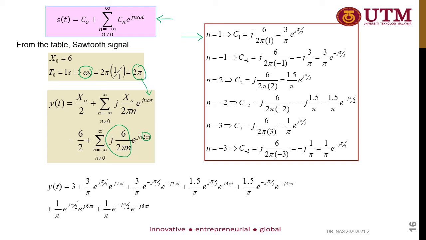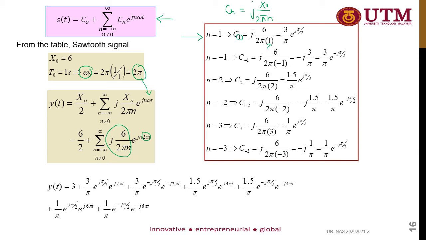Okay, so for n equal to 1, replace in the Cn equation. So Cn equation is Cn equal to j x naught divided by 2 pi n. Okay, so when n equal to 1, replace n equal to 1.